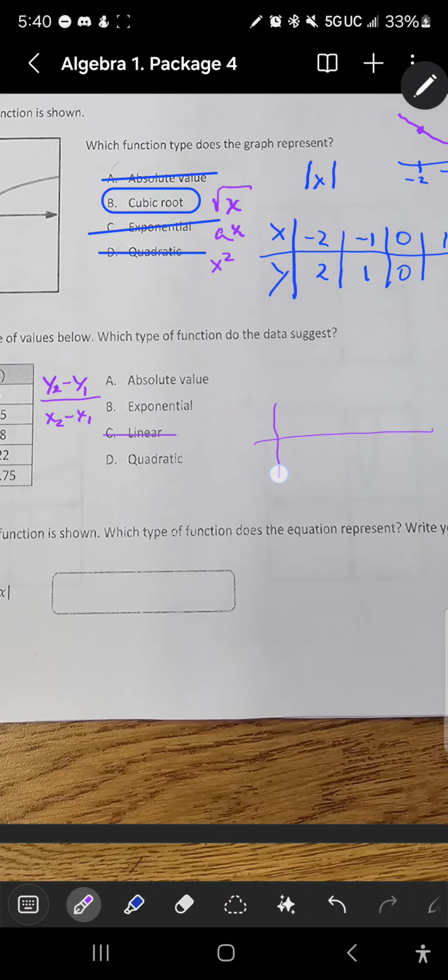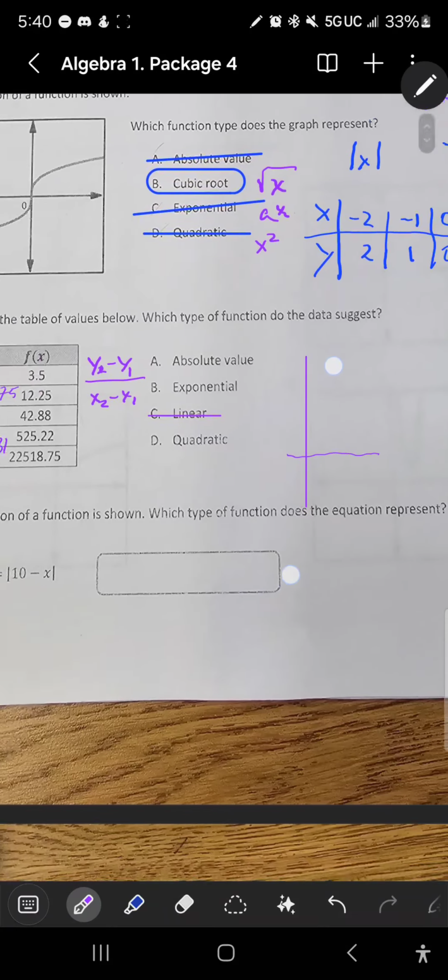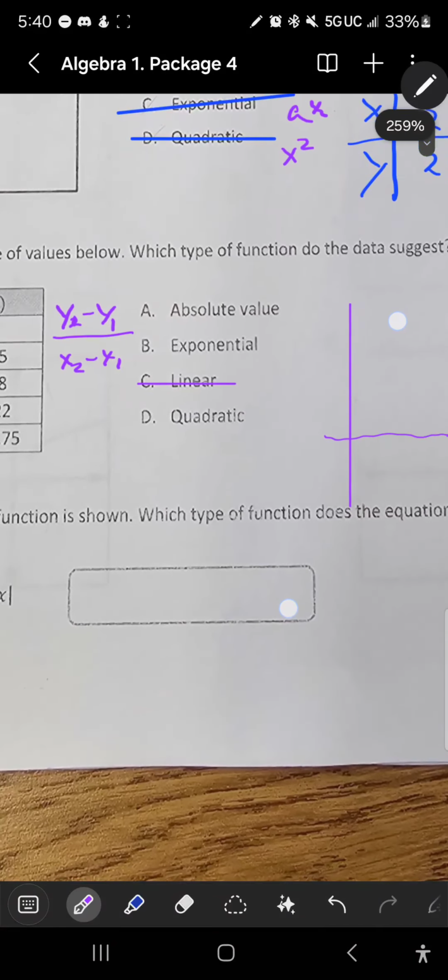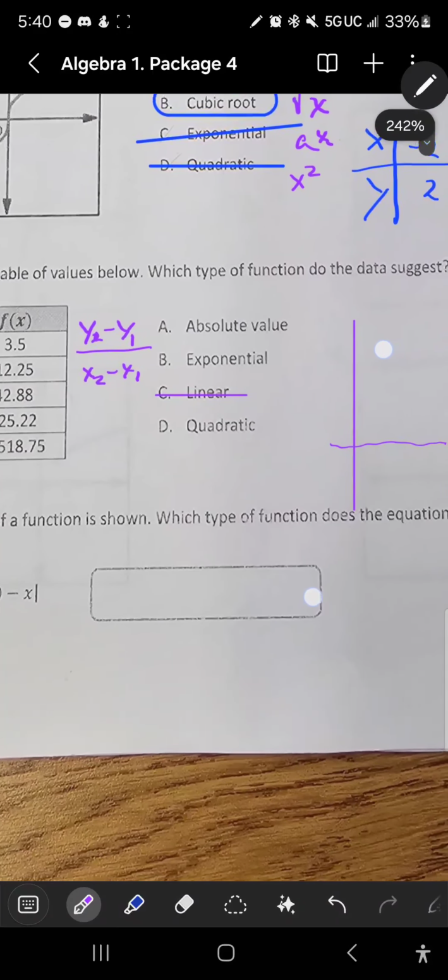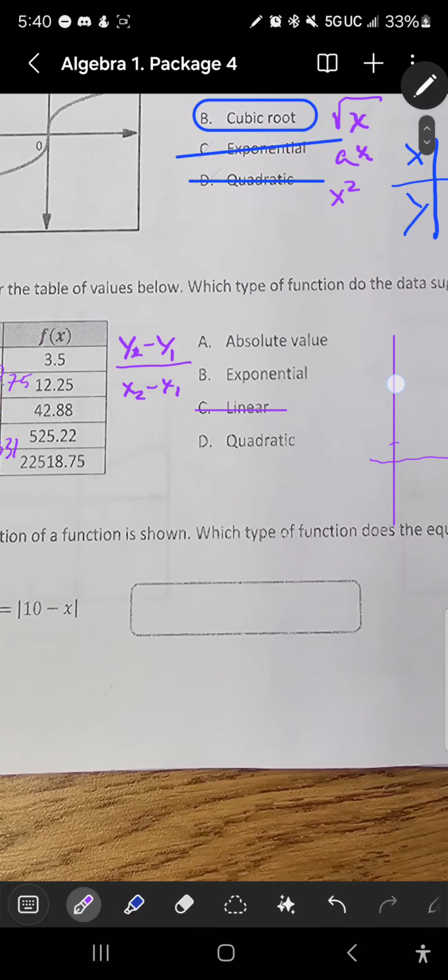All the numbers are positive, so I'm going to make this axis 5, 10, 15. Actually, I need to start with 10 because then I won't have a space.